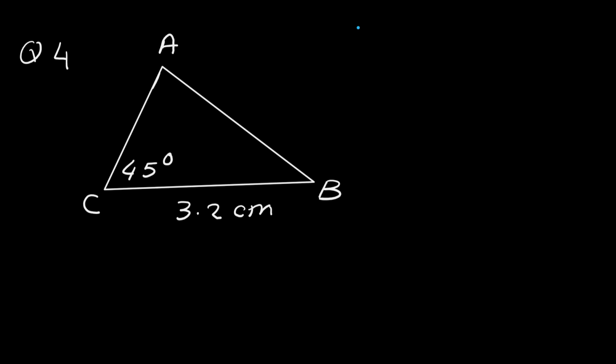and perimeter of triangle ABC is 10 centimeter. So this question is also similar to the first three questions. Only thing is, AC plus AB is not given separately, but indirectly it is given.